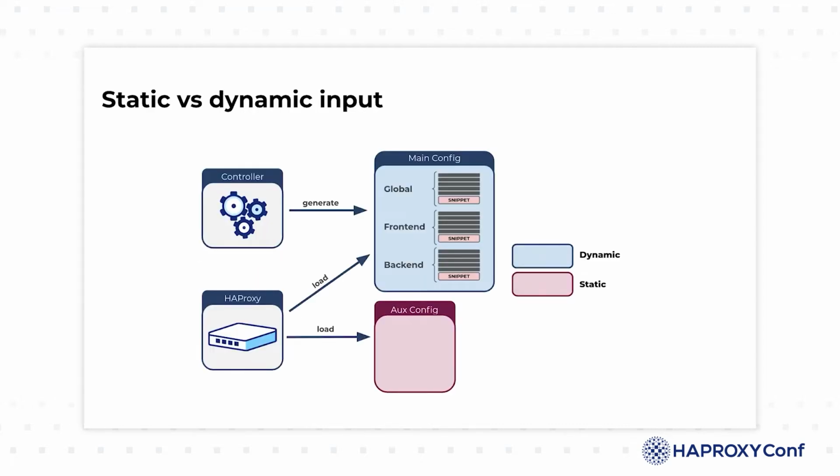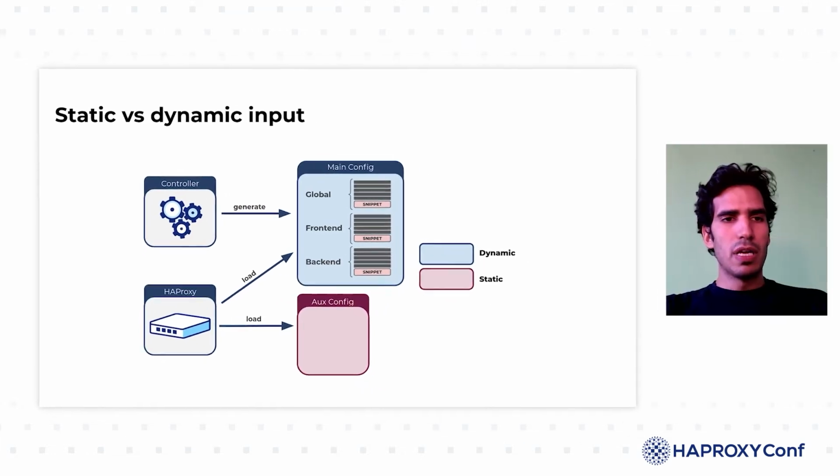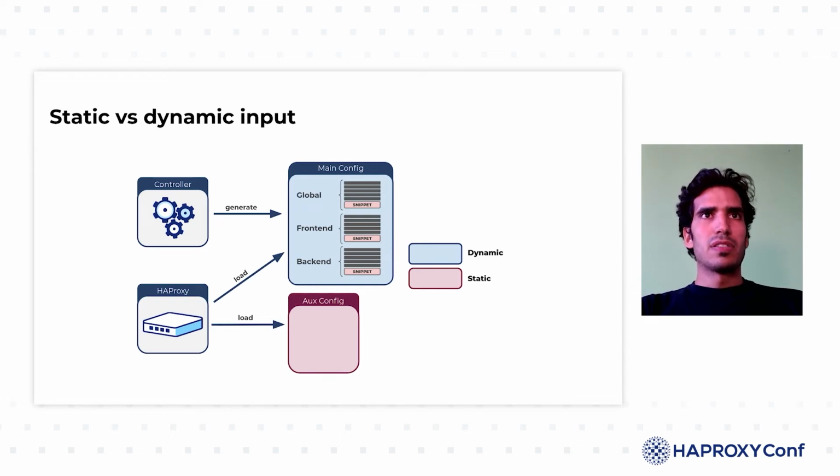So the most important thing to keep in mind when using raw configuration is that these are static configs, which means the controller will insert them as they are without adapting them to the context or to any Kubernetes events.